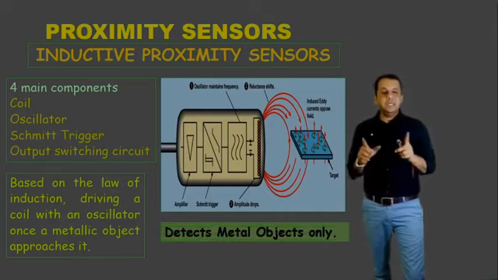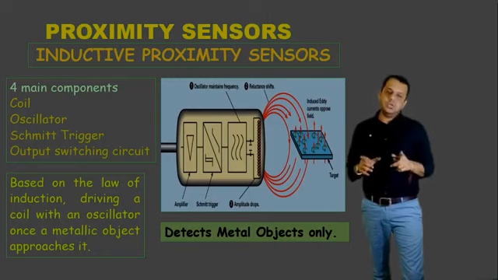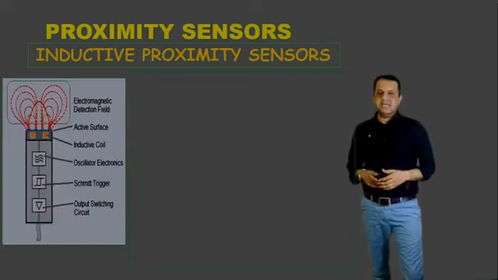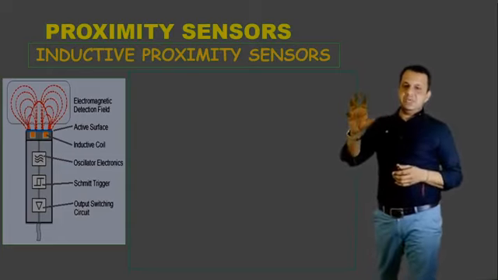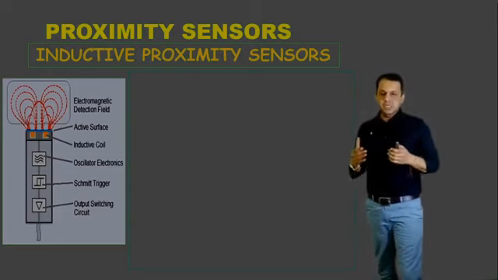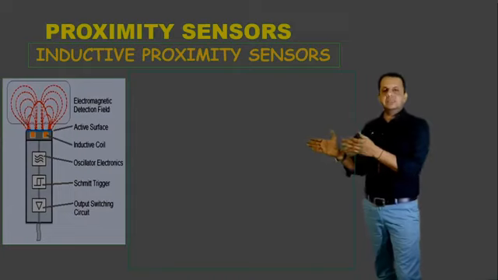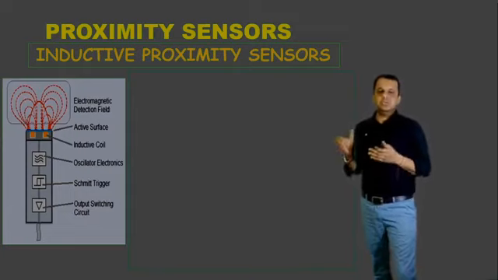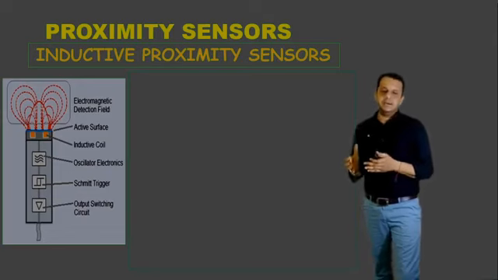So it detects metal objects only. Once again you see the diagram, the electromagnetic detection field is there, the active surface is given. You remember this for your examination purpose also, that you have to narrate by drawing the simple diagram.